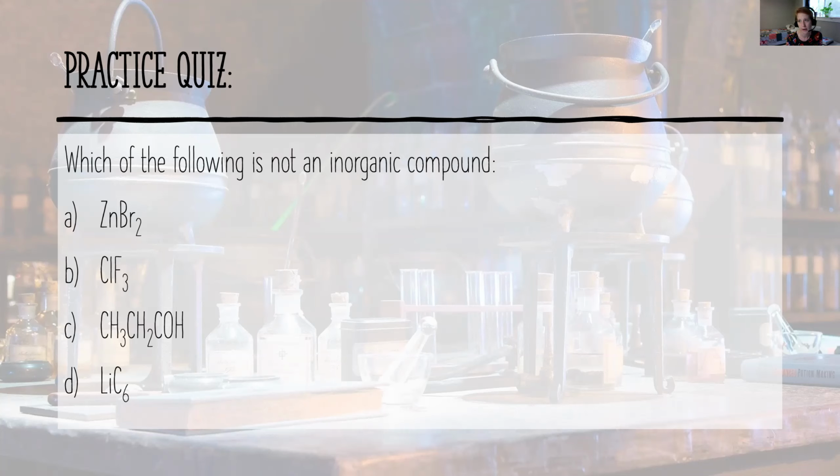So what is an inorganic compound? An inorganic compound is something that primarily has carbon bound to metals or oxygen bound to metals. It's a combination of metallic and non-metallic bonds that are not carbon and hydrogen based.